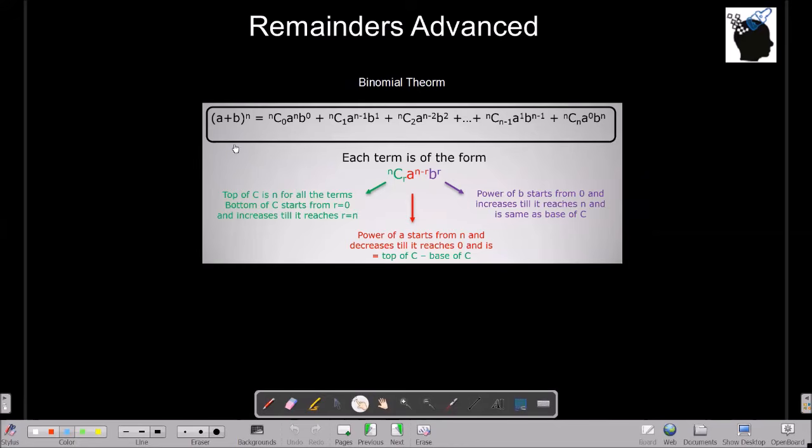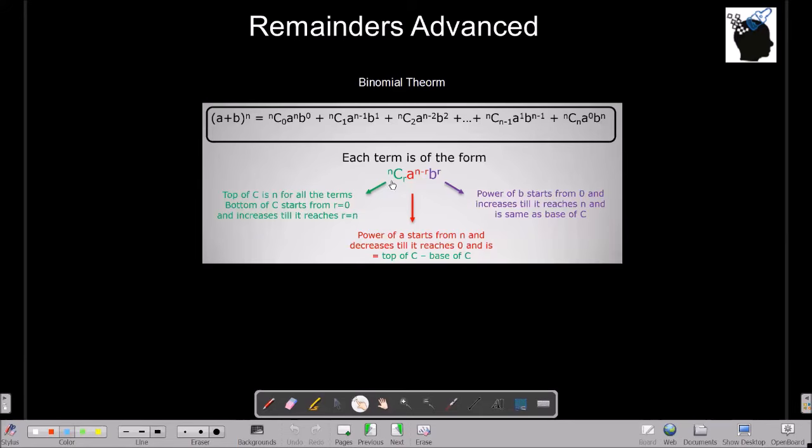So the binomial theorem is used to expand (a plus b) whole raised to n, which is nC0 a raised to n b raised to 0, plus nC1 a raised to n minus 1 b raised to 1, and so on, and the last term is nCn a raised to 0 b raised to n. Now each and every term in this has three components.